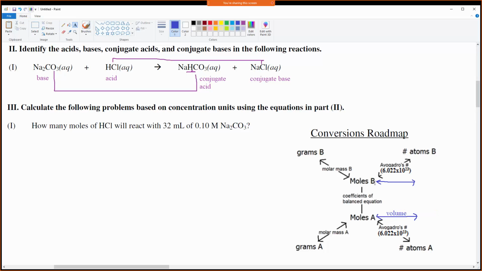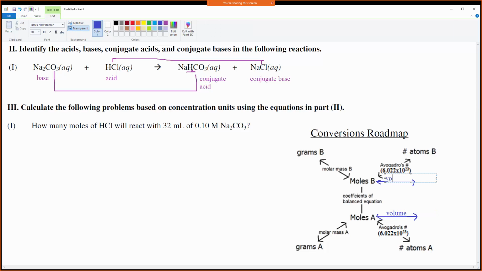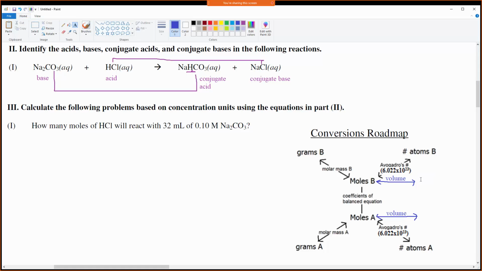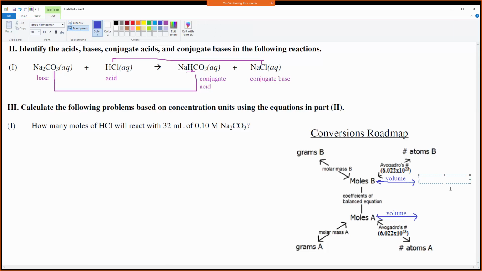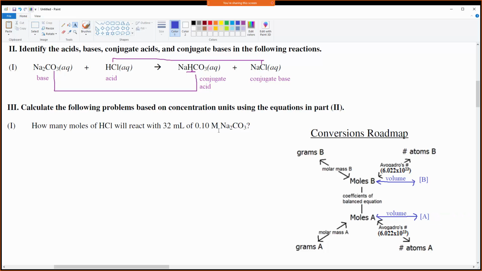if I have moles and volume specifically in liters, I can get concentration in moles per liter. And those brackets mean concentration. So if I'm given concentration like this, then I can go back and we can say, all right, they want moles of HCl and I gave them volume and concentration of Na2CO3.